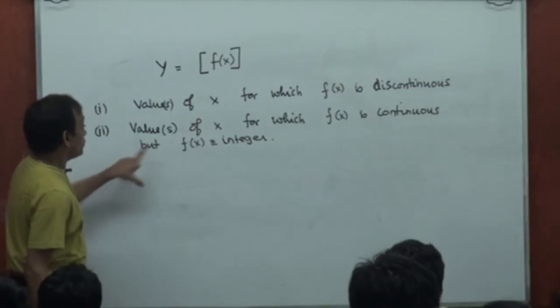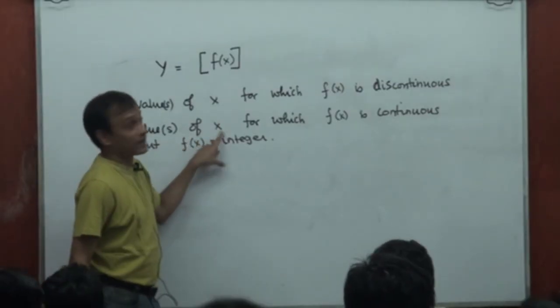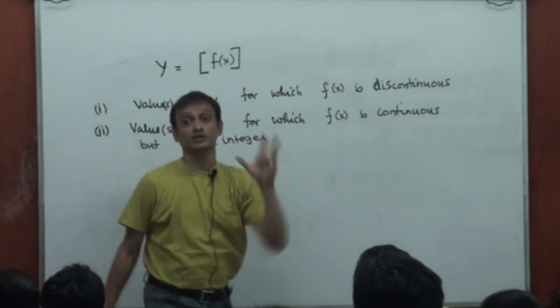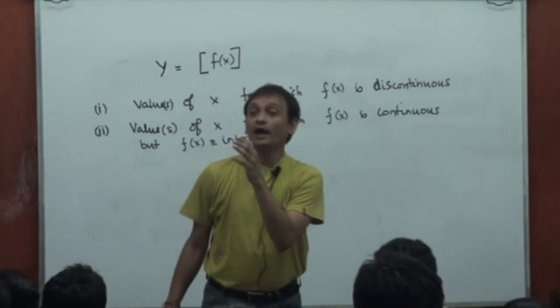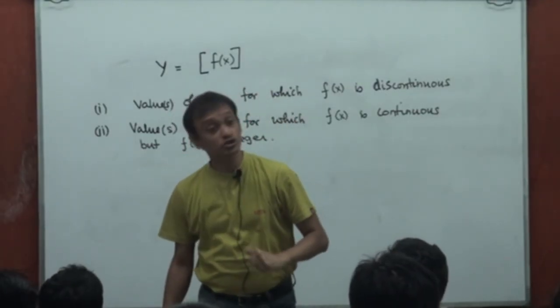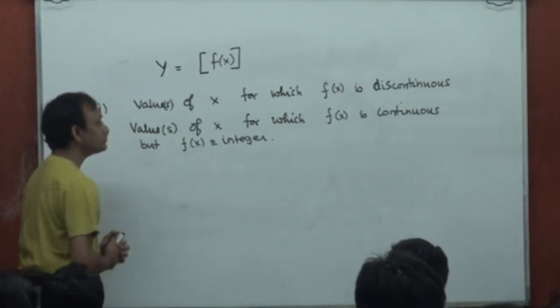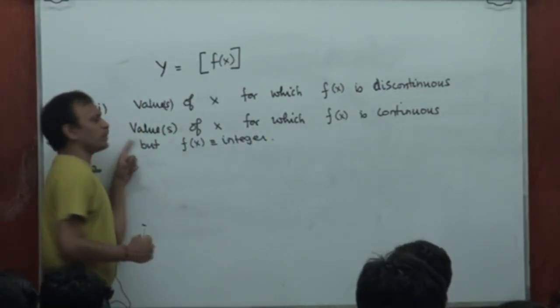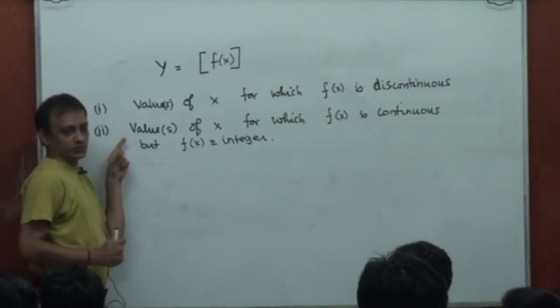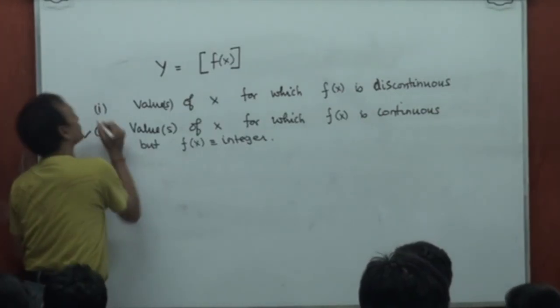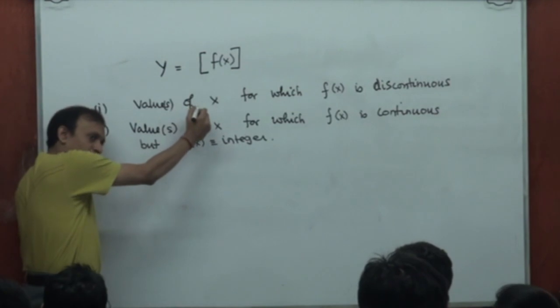Alright, now these are important values of x. Every time the quantity inside the box becomes an integer, then I have to investigate box of fx for continuity or otherwise. Now, various possibilities as far as case 2 is concerned. This, of course, we understand what's going to happen.